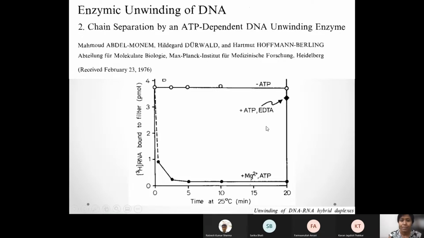The stuff is called EDTA. And if you use this, again, there is no reaction. So this helicase activity, what they found was it is dependent on ATP, some energy source, and it is dependent on magnesium, the presence of this divalent magnesium ion. So this was the start and identification of helicases.